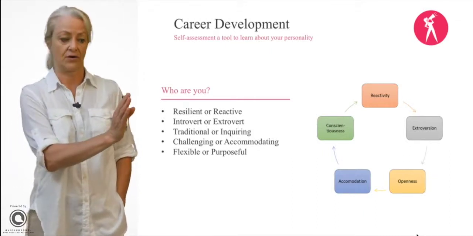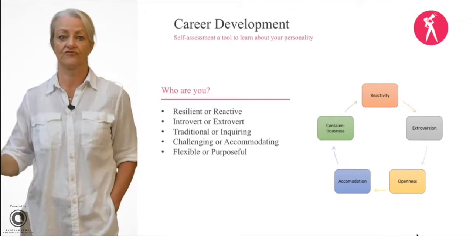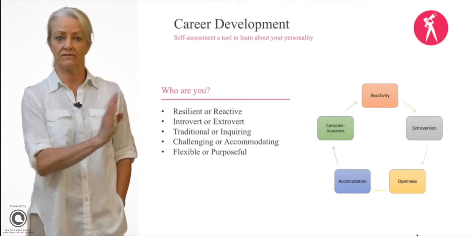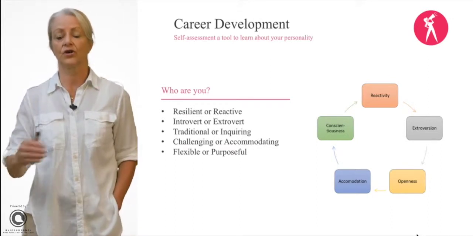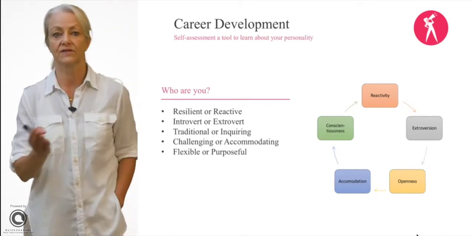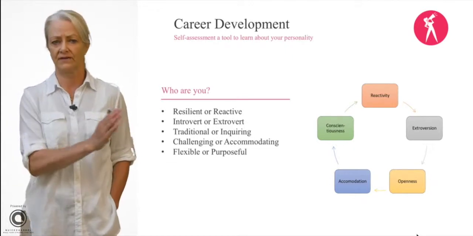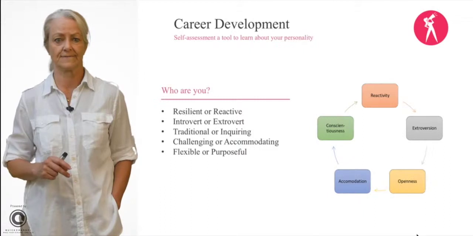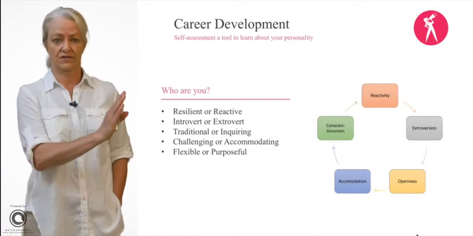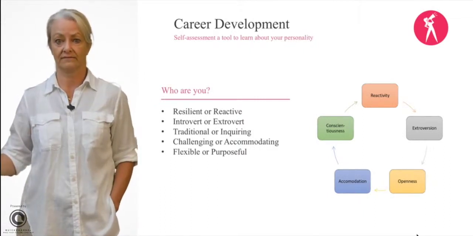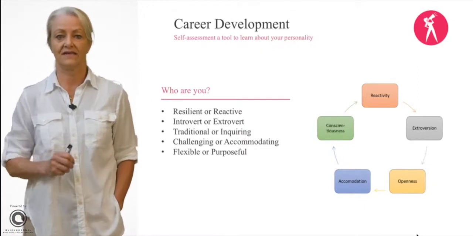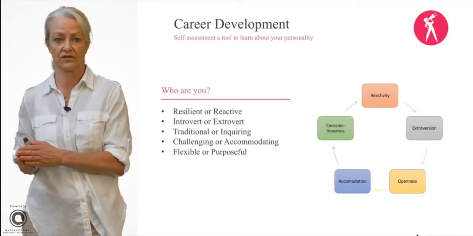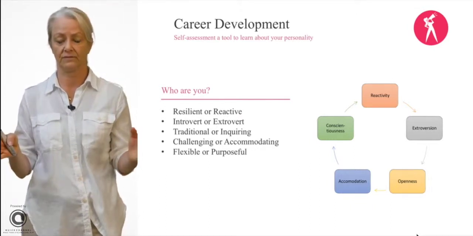Reactivity measures whether you're resilient or reactive or something in between. Extroversion: introverted or extroverted, or maybe something in between that we call ambivert. That means you're both introvert and extrovert, very common actually among many PhDs. Openness is traditional or inquiring. Accommodation is challenging or accommodating. And conscientiousness is flexible or purposeful.